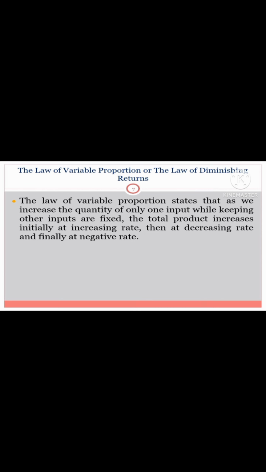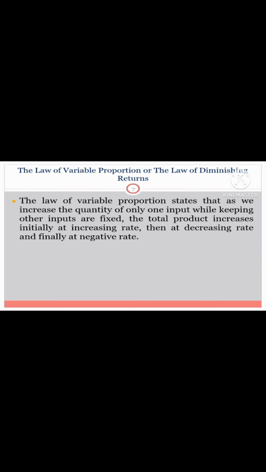So here you are keeping the land fixed, so it's already a short run. If there is only one worker on the available land, then also the production will occur. And again, if more workers are hired, production will rise at an accelerating rate. So here, the labor is the variable factor and the land is fixed.